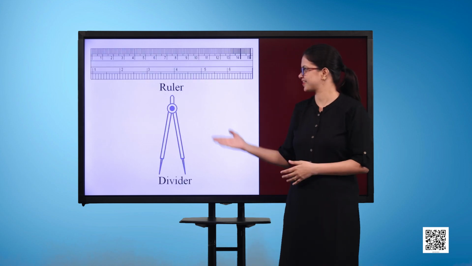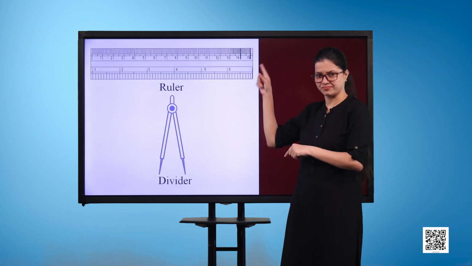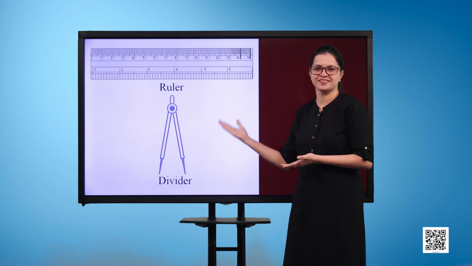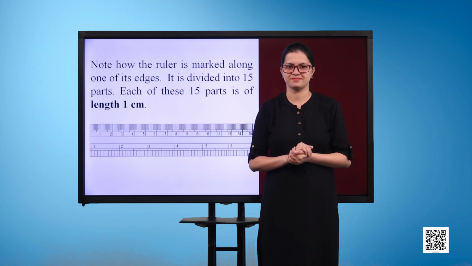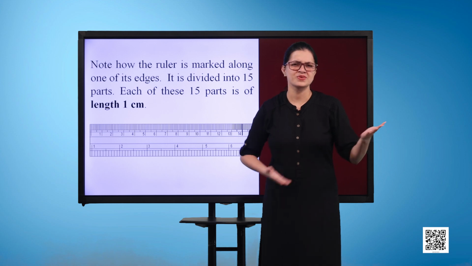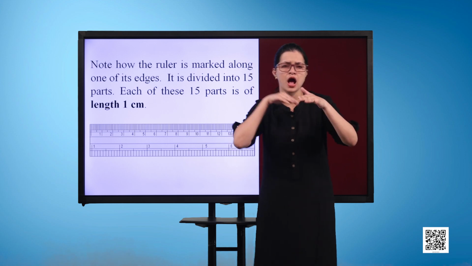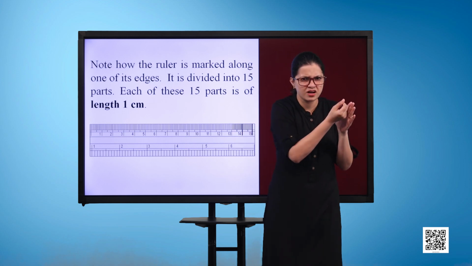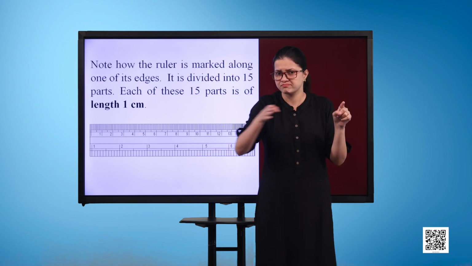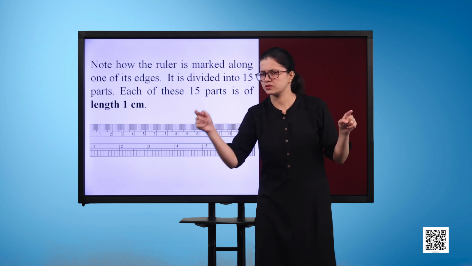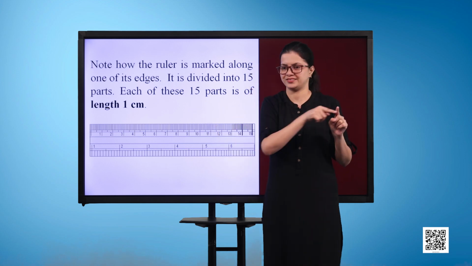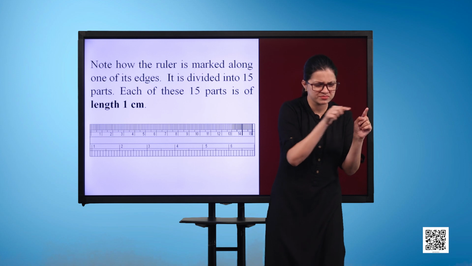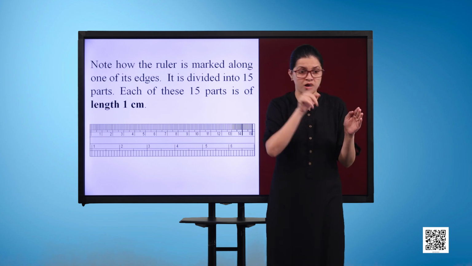We have the pictures of ruler and divider given here. Note how the ruler is marked along one of its edges. It is divided into 15 parts. Each of these 15 parts is of length 1 centimeter.